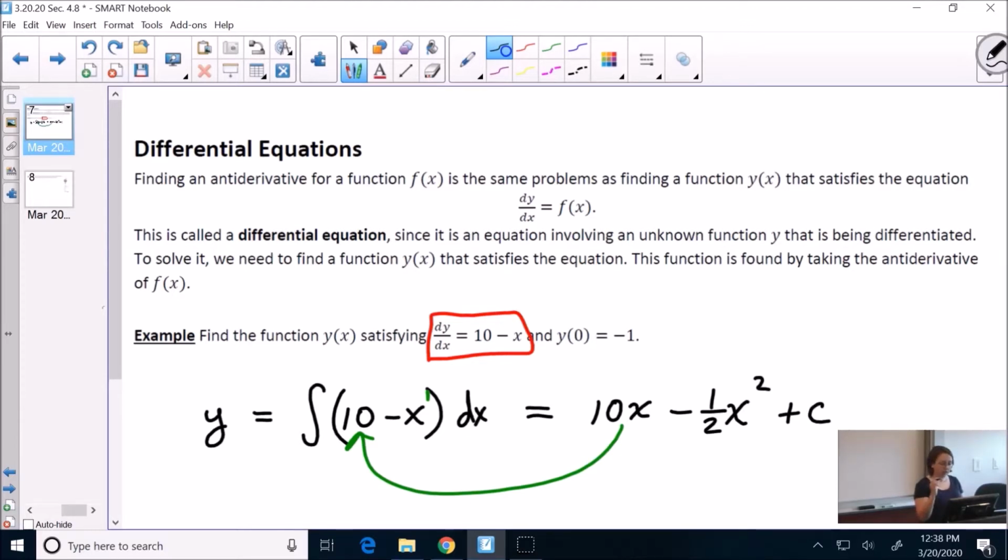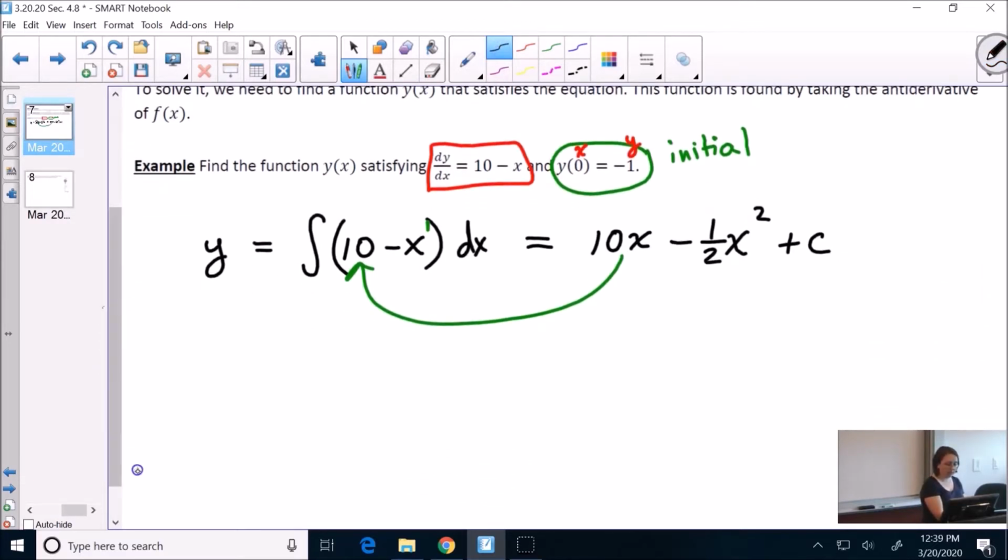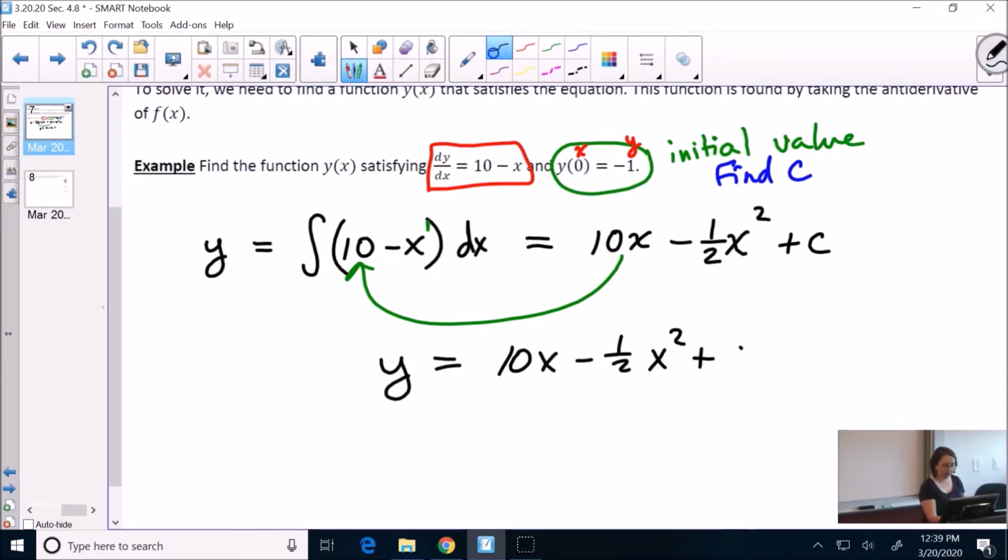Alright. We also are given this initial value. This is actually an initial value because the x value is 0. So your x is in the parentheses and your y is the answer. We can use that to solve for c. So we know that y equals 10x minus 1/2 x squared plus c.